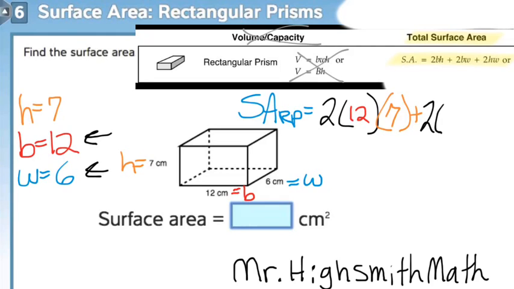So 2 times 12 and 6, my bad. And then the next one's going to be 2 times, I always run out of room. 2 times height and width, so 2 times 7 and 6.